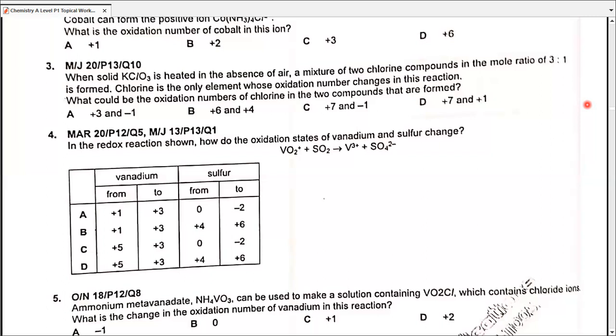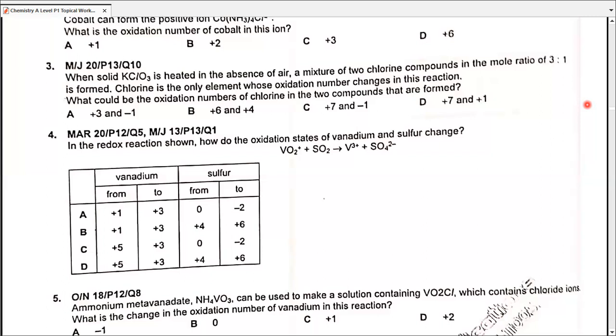So it's either A or C, right? Yes, perfect. It's either A or C. Good. KClO3, one will be, I think, potassium chloride, the one compound. What can be the other one? ClO or something like that?